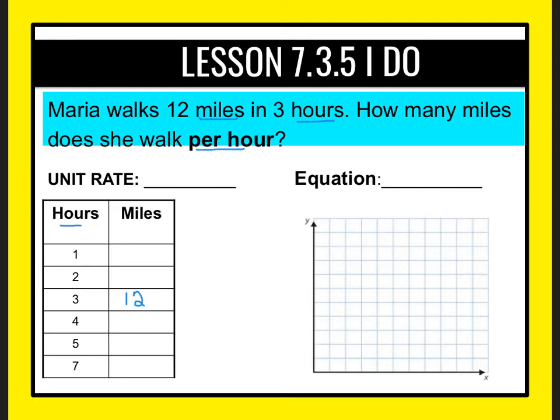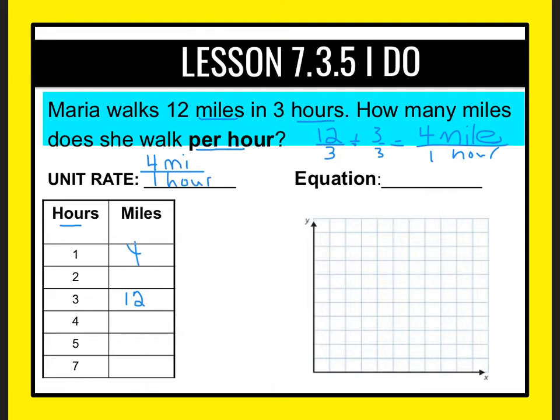That's my unit rate. So I can take that and divide 12 by 3. And 12 divided by 3, right? If I divide by 3, that's going to give me 4 miles in 1 hour. So my unit rate would be 4 miles in 1 hour.